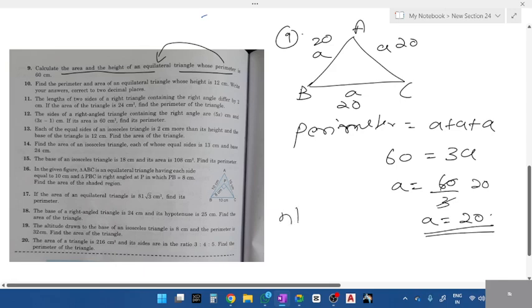Is it possible to find height and area? So don't assume this 60 to be the a value, students. a is not 60, perimeter is 60. Complete this, use the height and area formula.